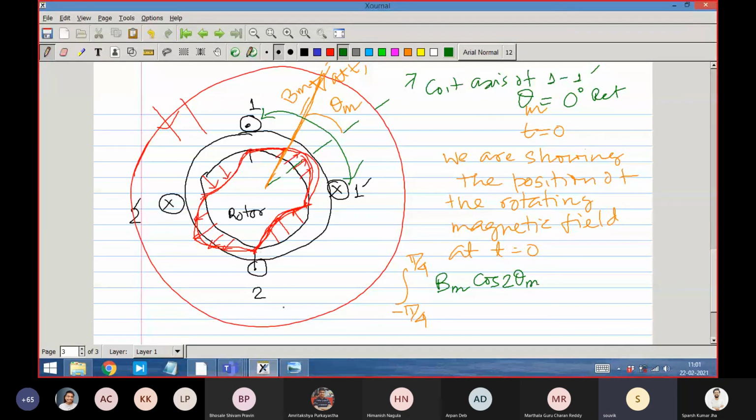You see the excursion angle. Theta m is the mechanical angle. 2 theta m into r d theta m into length of the machine. Length of the machine is in this dimension, that is L. So that is the flux linked by the coil 1, 1 dash. So this is psi 1,1 dash, the coil flux linked at an instant t, given by this, right?